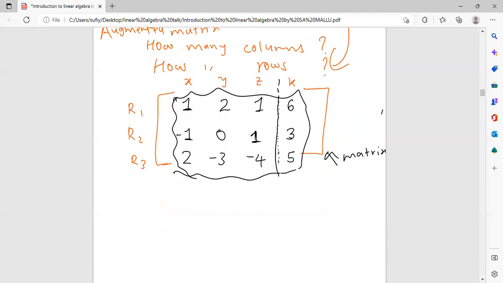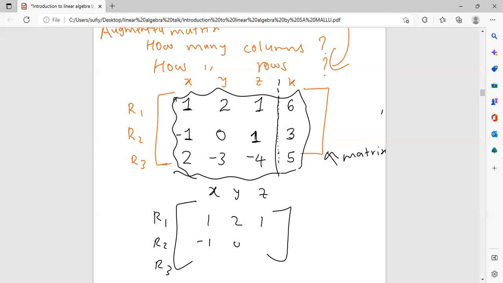If I just draw the same matrix like this, only with x, y, z, r1, r2, r3, so that you know we talk about equation 1, equation 2, equation 3, with 2, -1, 0, 1, 2, -3, -4, then we call this a coefficient matrix. A coefficient matrix, okay? We can clearly see why, because all those entries represent the coefficient of that variable in that particular equation, okay?